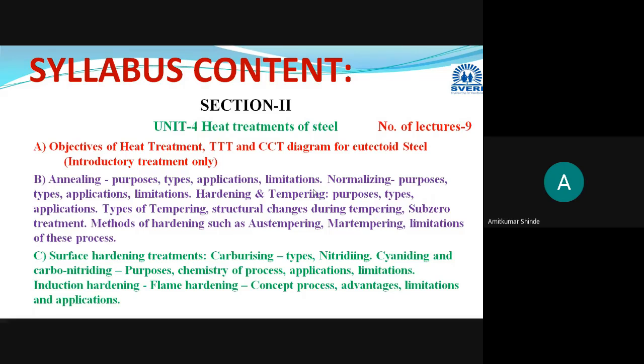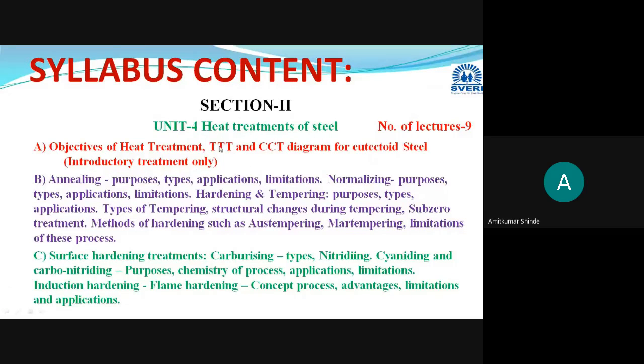These four processes they will ask you for 2 marks each, and you have to draw 4 diagrams. This question will be compulsory. One question will be related to the theoretical part of heat treatment, TTT and CCT combined.